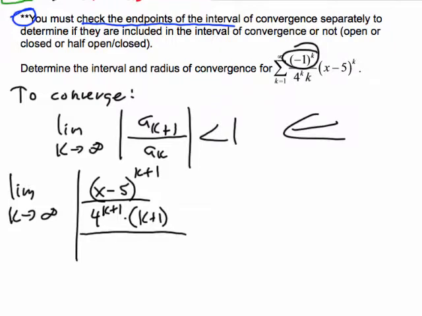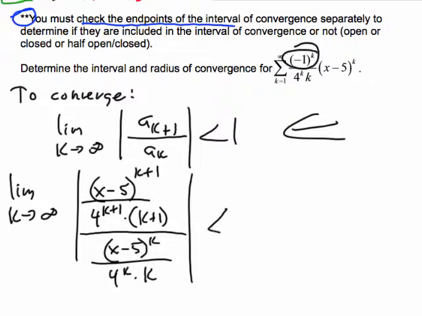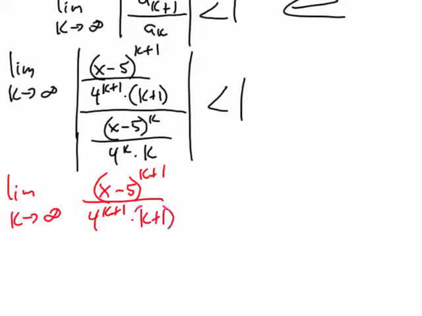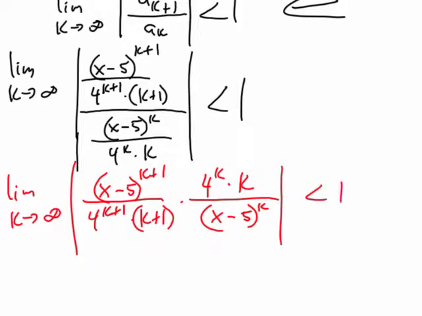There's the k plus first term divided by the kth term, times the reciprocal of the denominator. And we know that it needs to be less than 1.